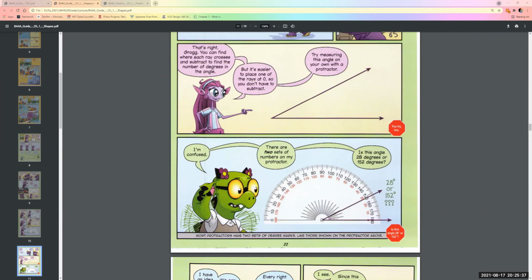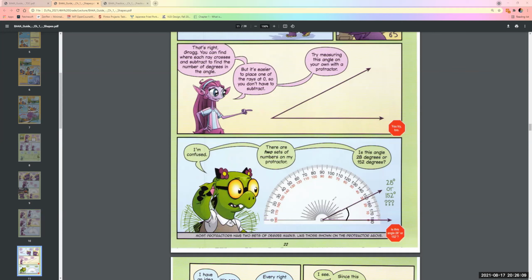I think it's 28. Okay. Can you give me a reasoning? 28 is less than 90 degrees. Right. And this angle right here looks to be an acute angle, right? Yes. Is there any other reason you can think of why this should be 28 instead of 152?